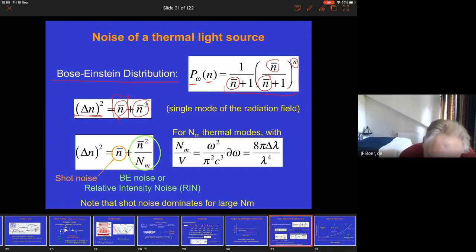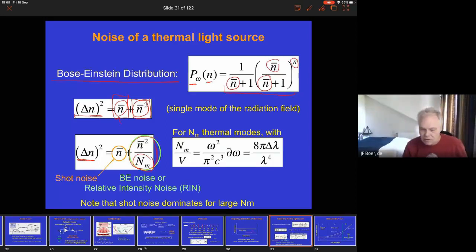But apparently there is a second term present. So there is an additional noise going around that stream of photons. And if you dive into that, it turns out that that noise term actually scales with something that we will call the number of thermal modes.